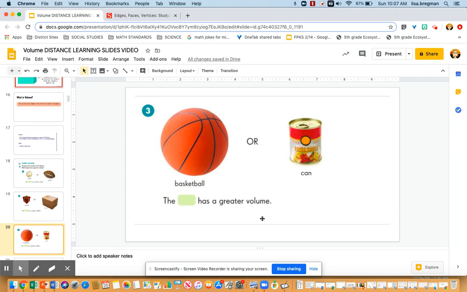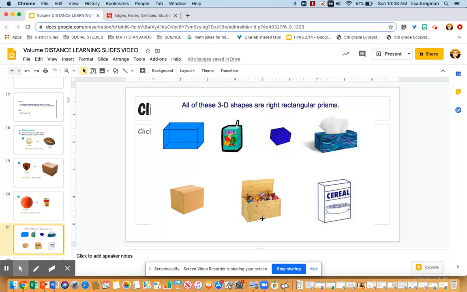How about the basketball or the can? Basketball, great. All of these three-dimensional shapes, later on tomorrow, we're going to learn how to draw using special dot paper, or you could just do it on paper, and measuring. And here are some rectangular prisms that are here.